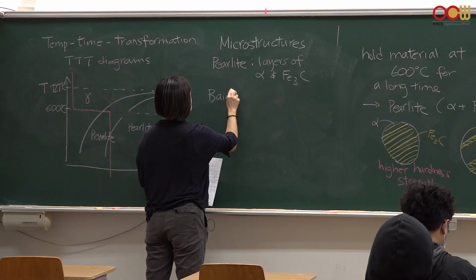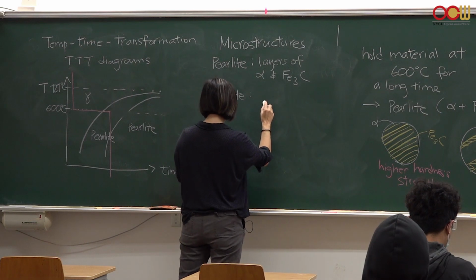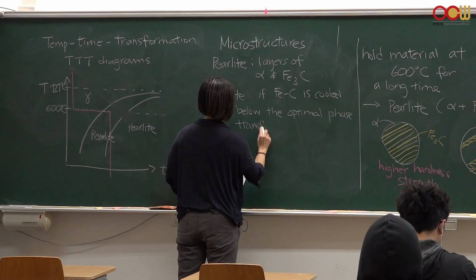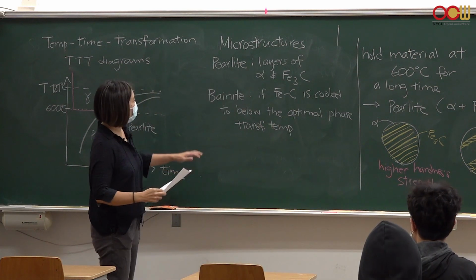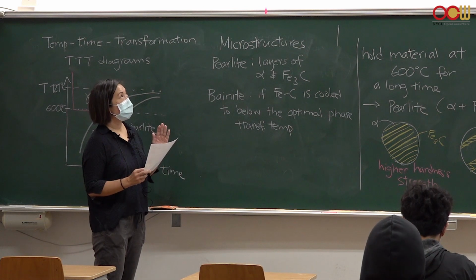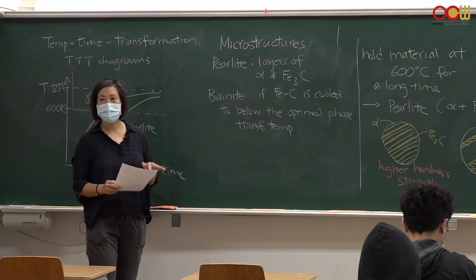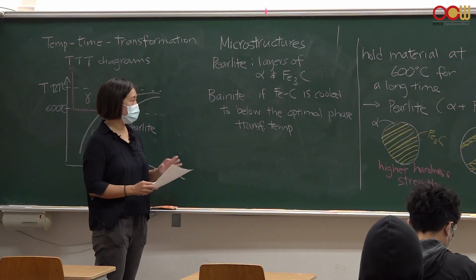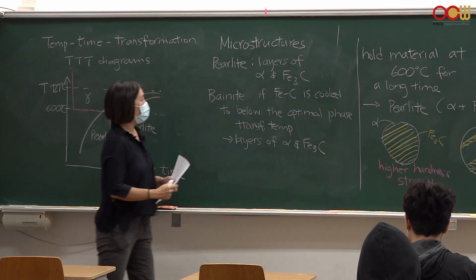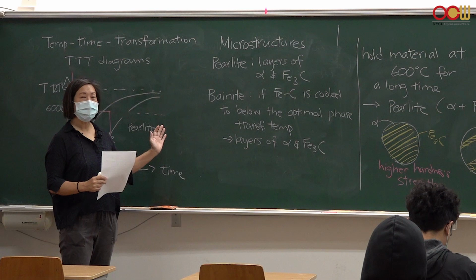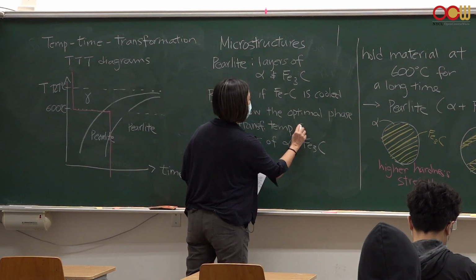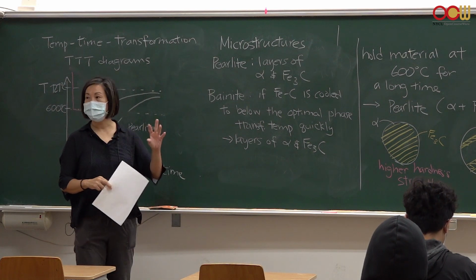There's something else called bainite. Bainite is if the alloy is cooled. Okay, so bainite is also layers of alpha and Fe3C, or ferrite and cementite. But because it's cooled to below the optimal phase transition temperature very quickly, the individual layers don't have time to grow.